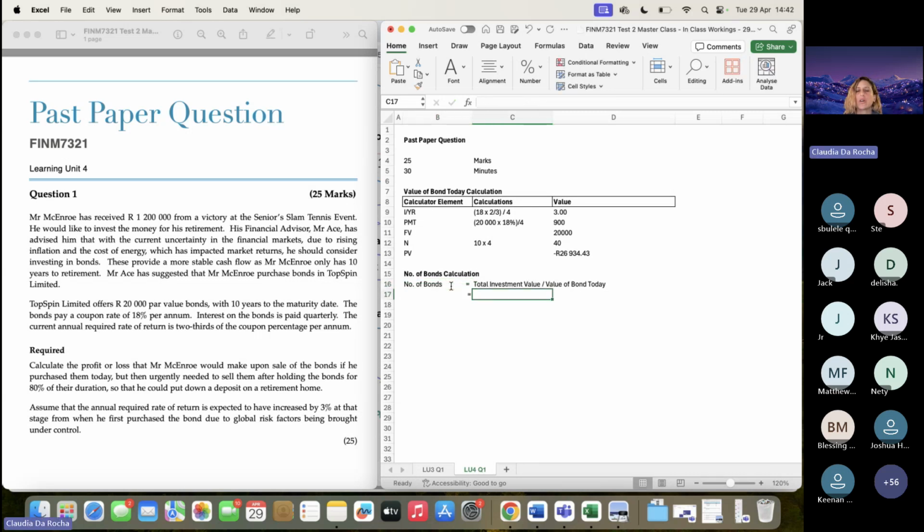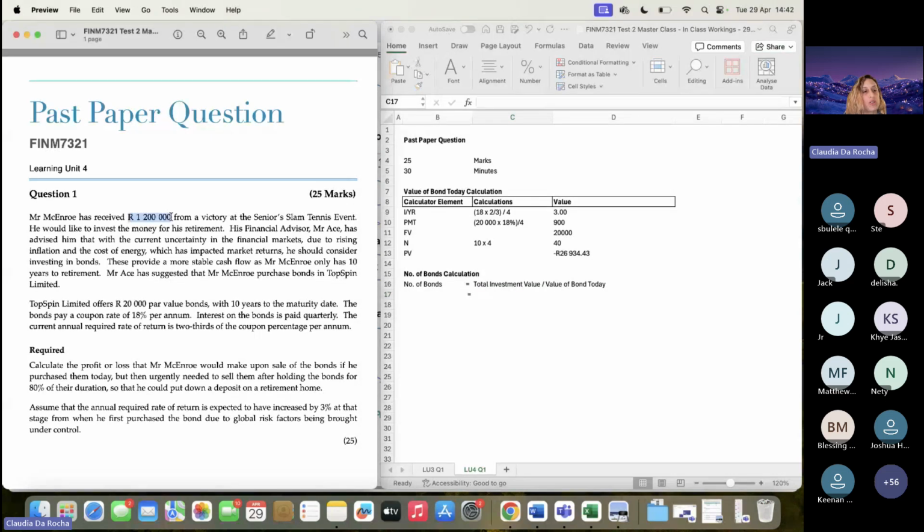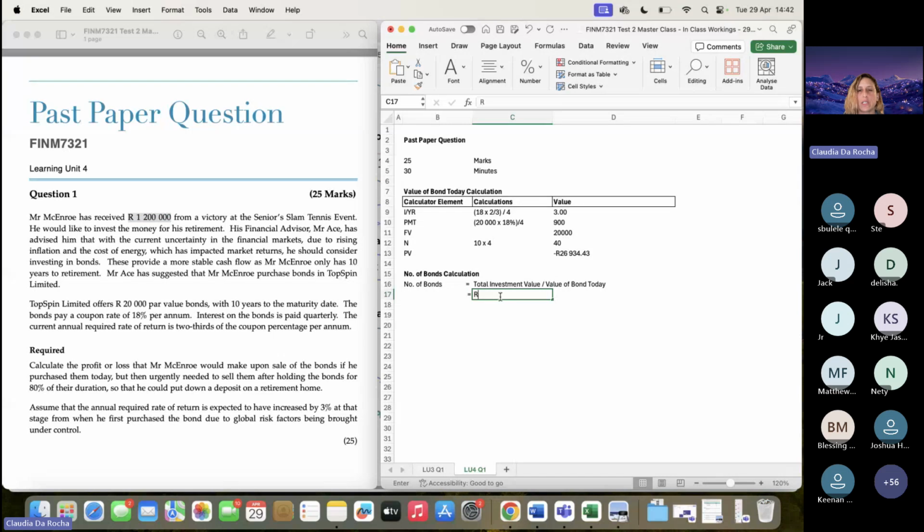The total investment value is the 1.2 million that Mr. McEnroe received. He wants to invest it in bonds. That's what he's going to use to purchase his bonds. The value of the bond today is the answer that you received. And then that will give us our answer.